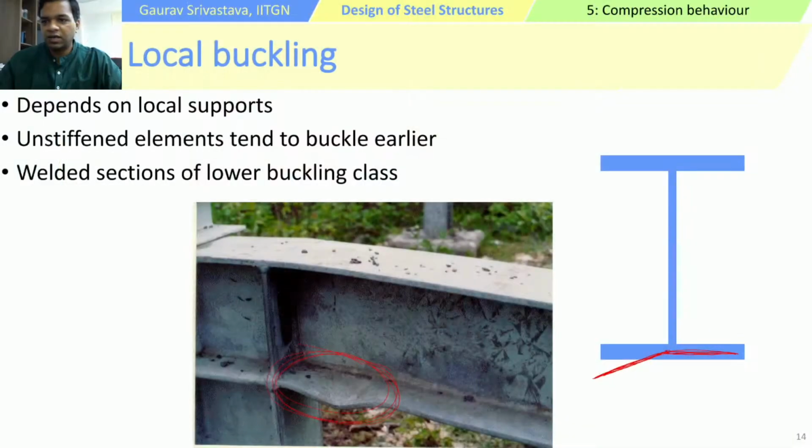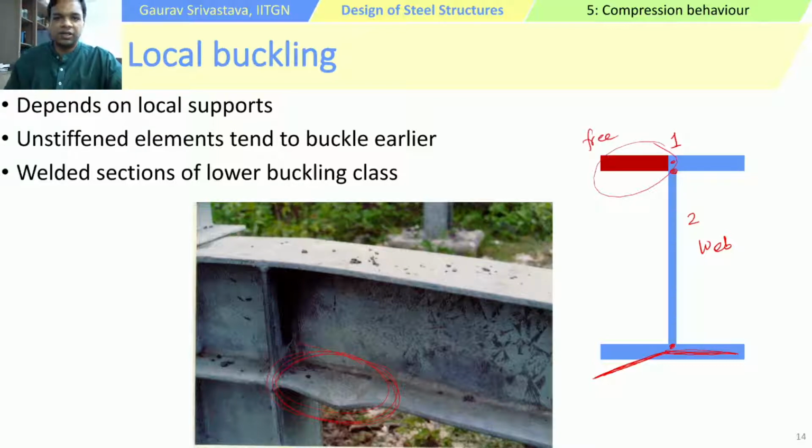Okay, so if you look at the I section, for example, which we have drawn here, the web of the I section is actually supported on two sides by the flanges, right? So it has two supports, and hence the web is less likely to undergo local buckling compared to the flange. The flange is more likely to undergo local buckling because it is supported only on one side, the other side is free.